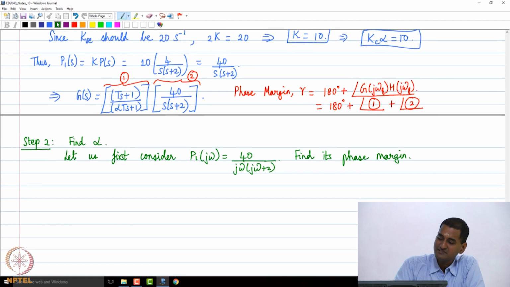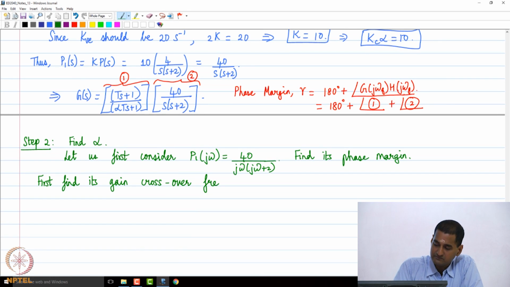How do I find the phase margin of this factor? What should I first do? I have to find the gain crossover frequency omega g for this factor. What is the definition of gain crossover frequency? It is the frequency at which the magnitude of this sinusoidal transfer function becomes 1.